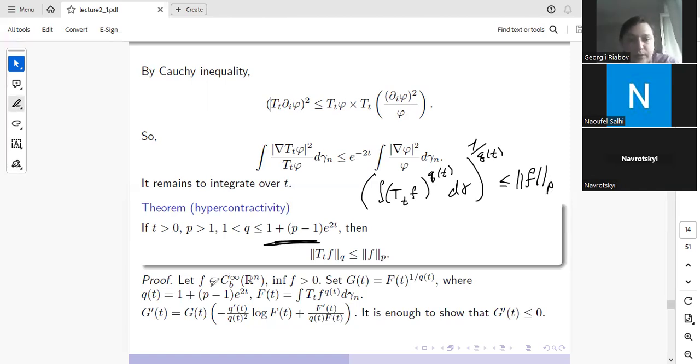Again, we assume that f is infinitely differentiable and separated from 0. So denote this as the function g of t. Then the right side is exactly g of 0.